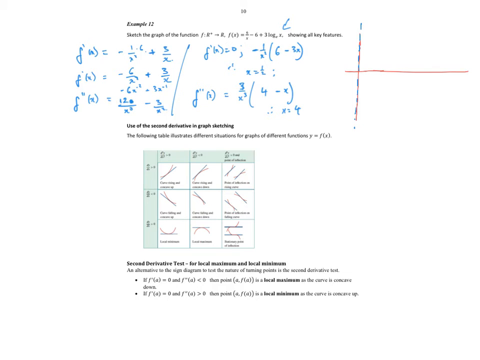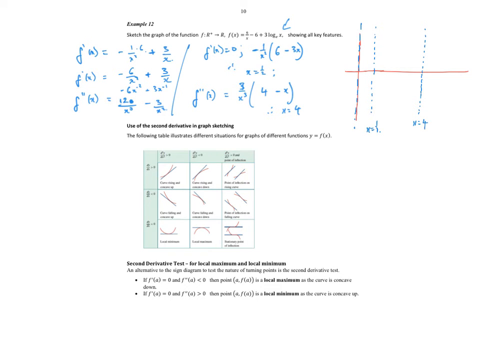Let's have a look at x equal to 4, which is a point of inflection. And what was the other one? At x equal to a half, which is a stationary point.